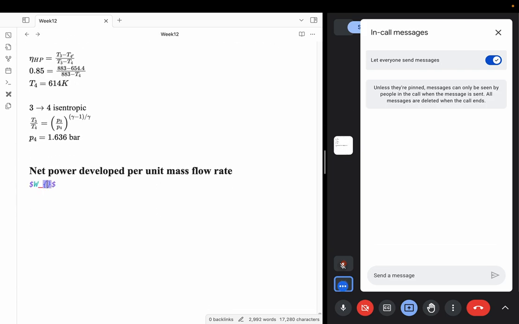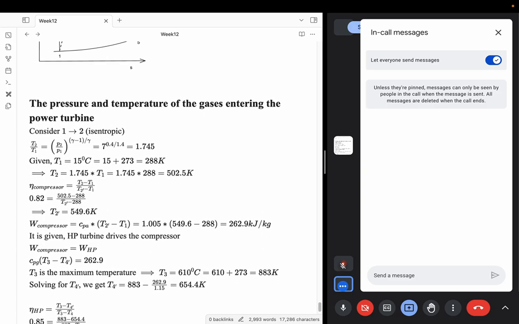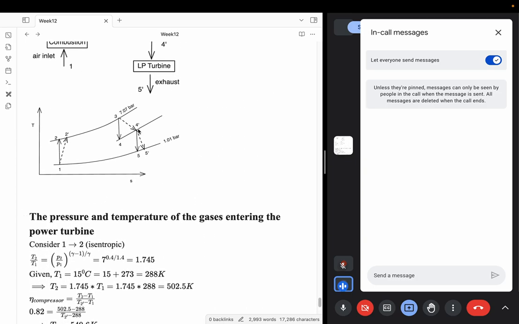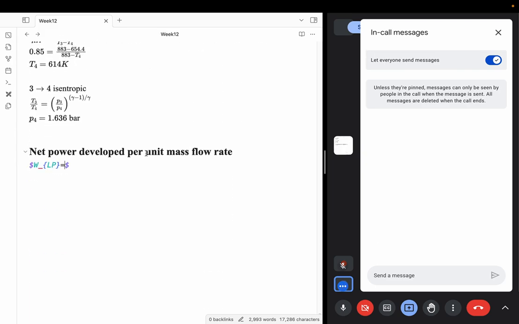The work done by the low pressure turbine will be the net power output. Since it is per unit mass flow rate, I am directly writing in terms of the enthalpy changes. The enthalpy changes from 4 prime to 5 prime. That is the actual work done. So this will be H4 prime minus H5 prime.